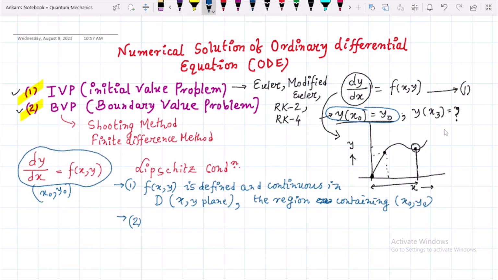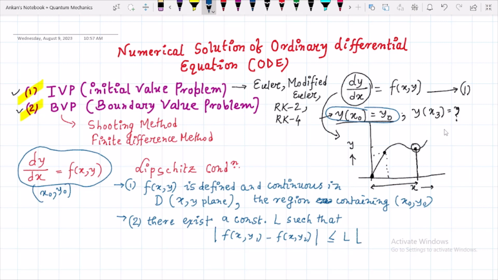And the second condition is that there exists a constant L such that |f(x,y1) - f(x,y2)| must be less than or equal to L|y1 - y2|.